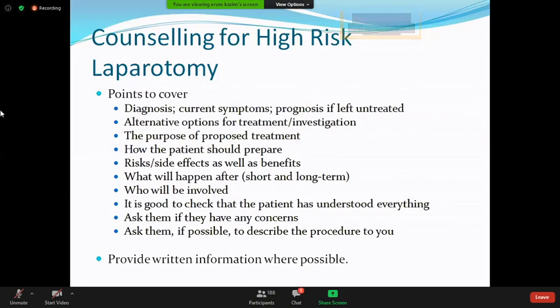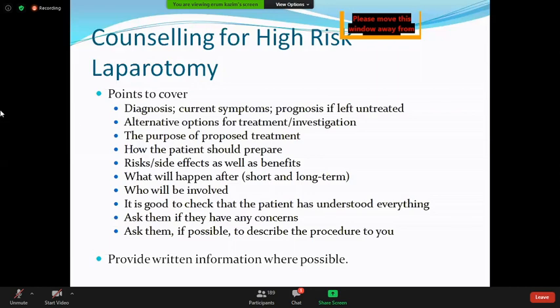Then you have to discuss the risks or side effects as well as benefits. It will include the probabilities where possible. The risks of the surgery are those which I discussed with you in the previous slide.